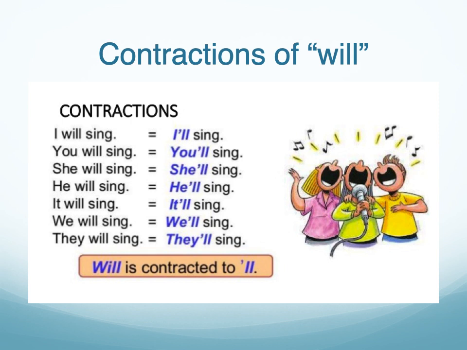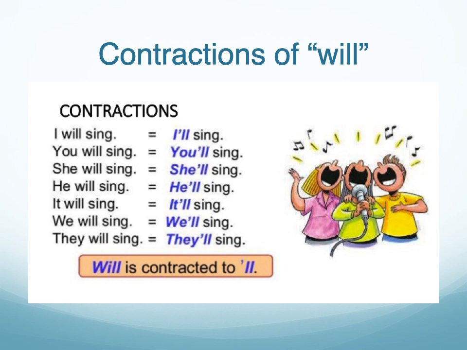So we can take those pronouns and put them together with will. At the very bottom, you can see will is contracted to apostrophe LL. So what we do is we take away the W and the I in will, and that's replaced by the apostrophe, this little comma up in the air. So the W and the I is replaced by that, and we keep the LL.